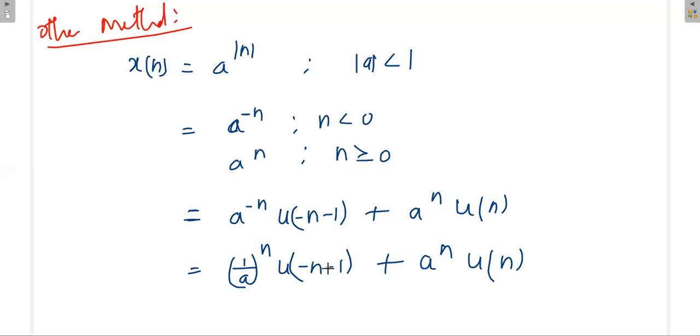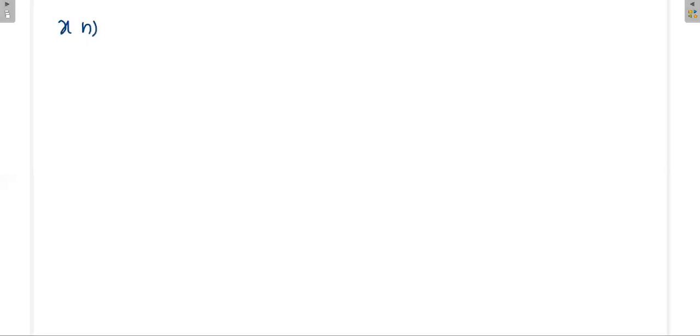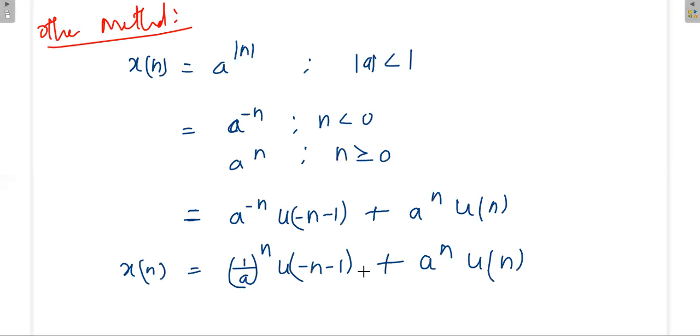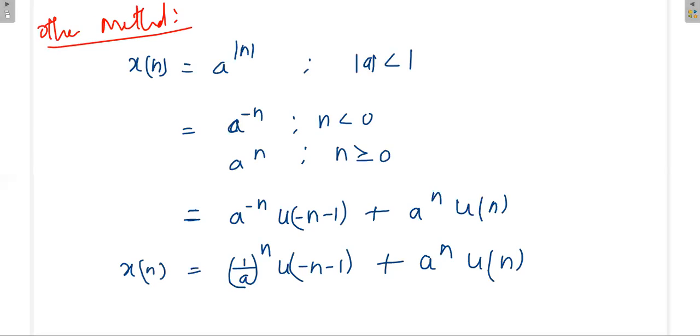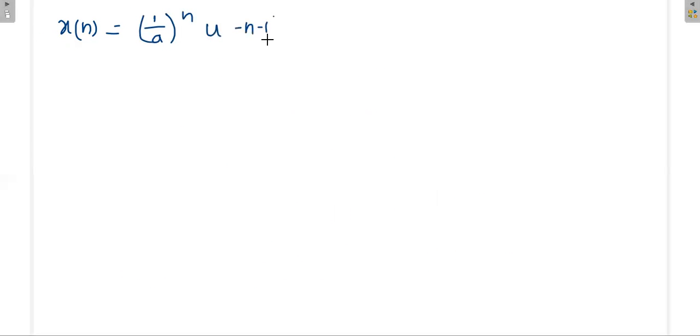We know the answer for this one. So we have just modified the given equation: finally 1 by A whole power n u of minus n minus 1 plus A power n u of n.